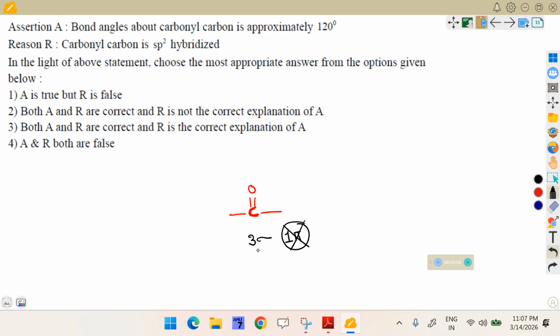Only sigma bonds participate in hybridization. The total number of sigma bonds is 3, so it undergoes sp2 hybridization. The bond angle of sp2 hybridization is 120 degrees. Based on this, the assertion is correct. The reason is also correct, and it is the correct explanation for the assertion. The third option is the correct option.